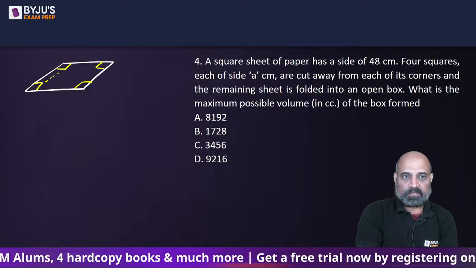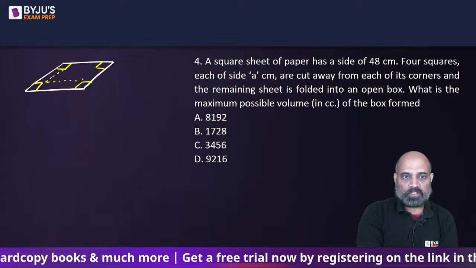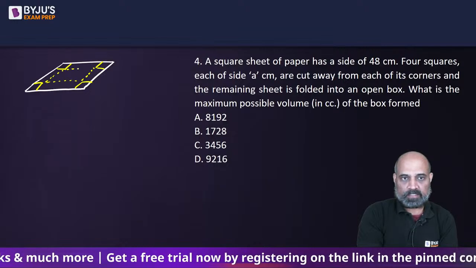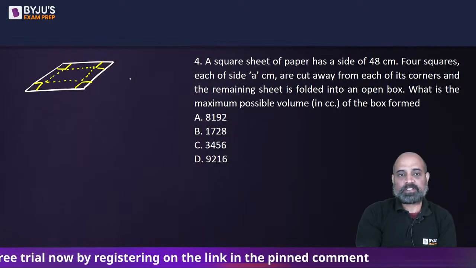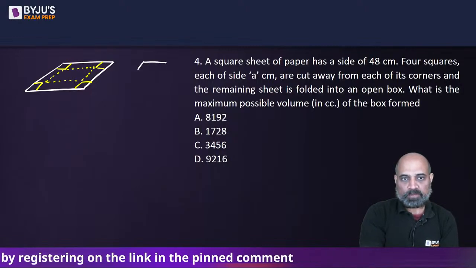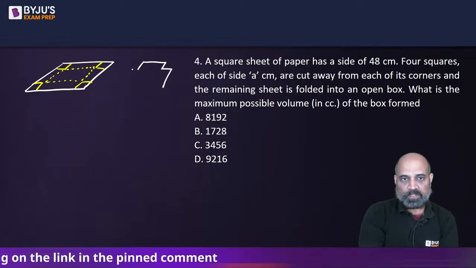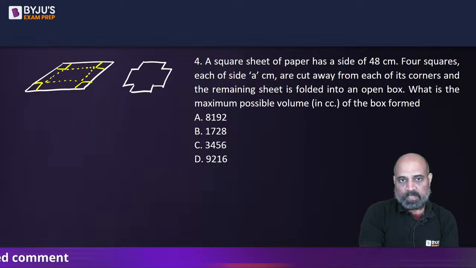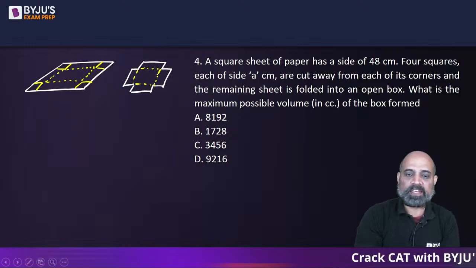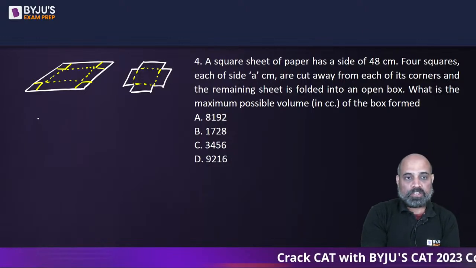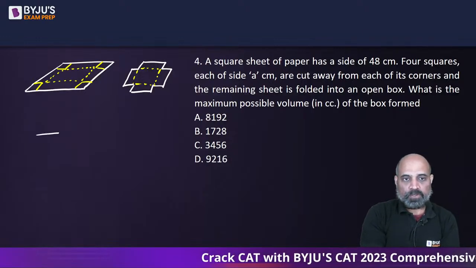And if we fold along these dotted lines, the shape is going to look something like this. And then we are going to fold it along these lines, and when we do that, it will end up in an open box.